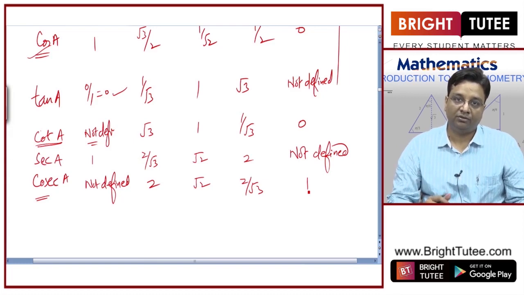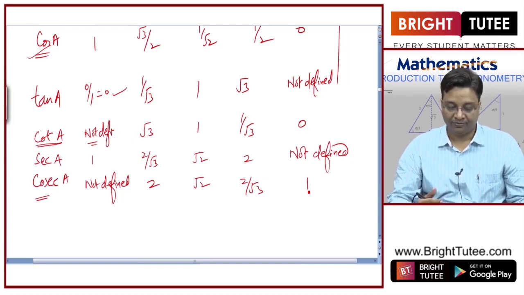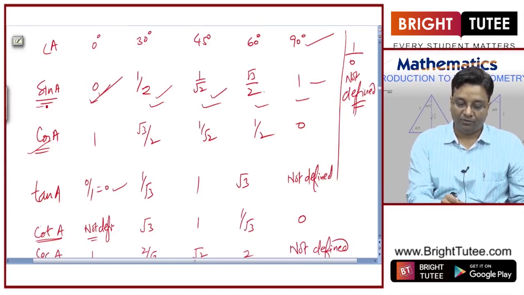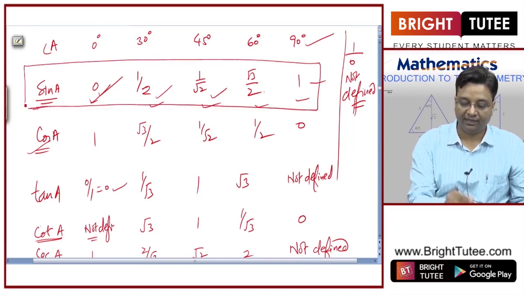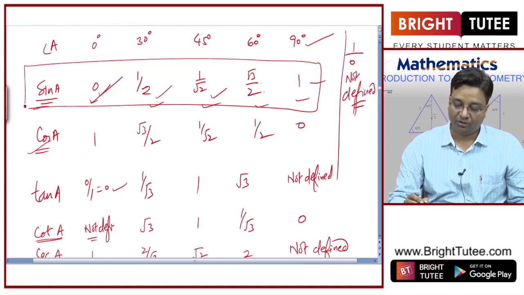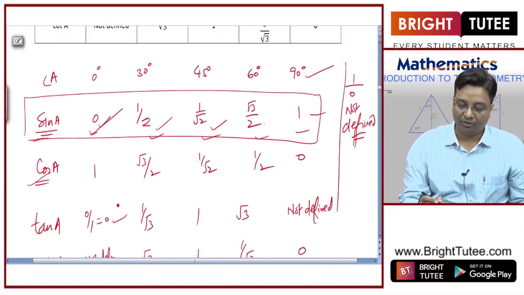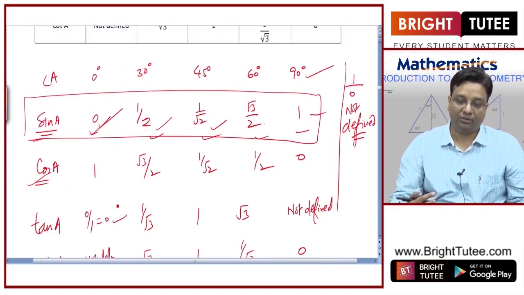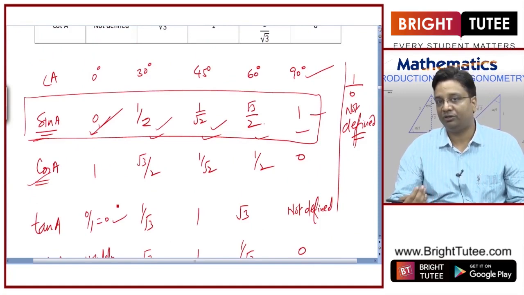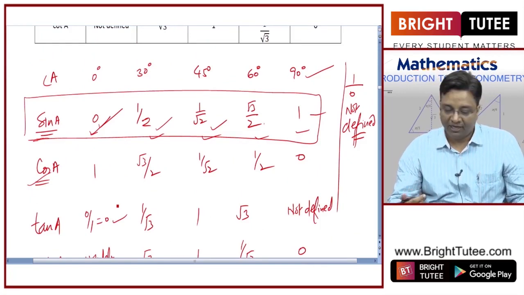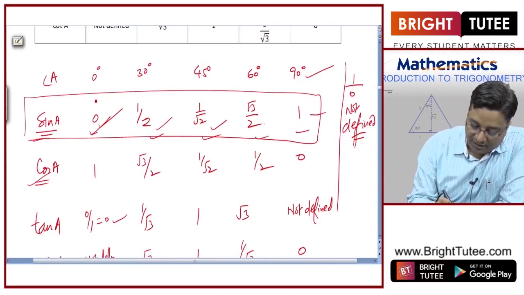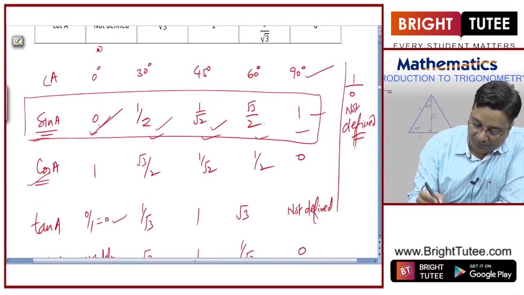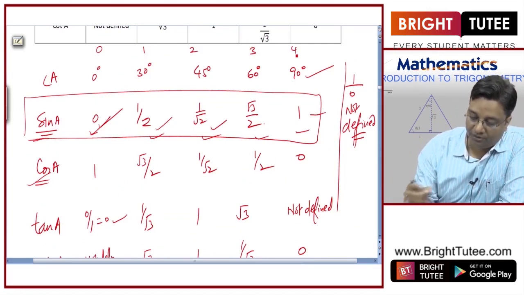Okay. So this is how you will memorize these values. To memorize the row of sine A, there is a trick. I don't think you need to use this trick. You can directly memorize these values 0, 1 by 2, 1 by root 2, root 3 by 2, 1. Otherwise, what you can do is, a lot of students do this. They write 0, 1, 2, 3, 4.